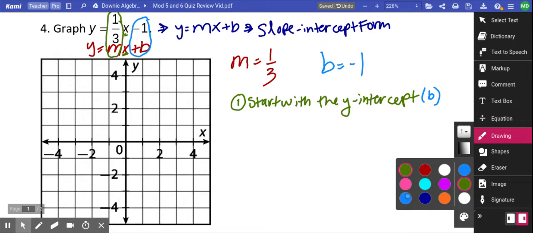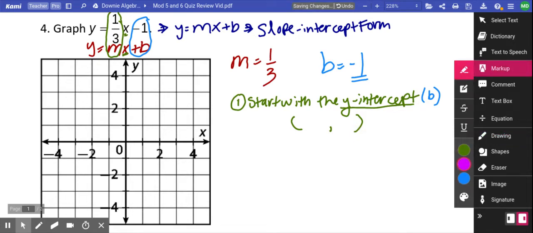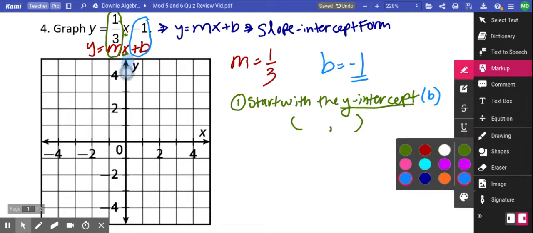Since my y-intercept is -1, I know that y-intercepts lie along my y-axis, so therefore my x value along my y-axis is going to be 0.